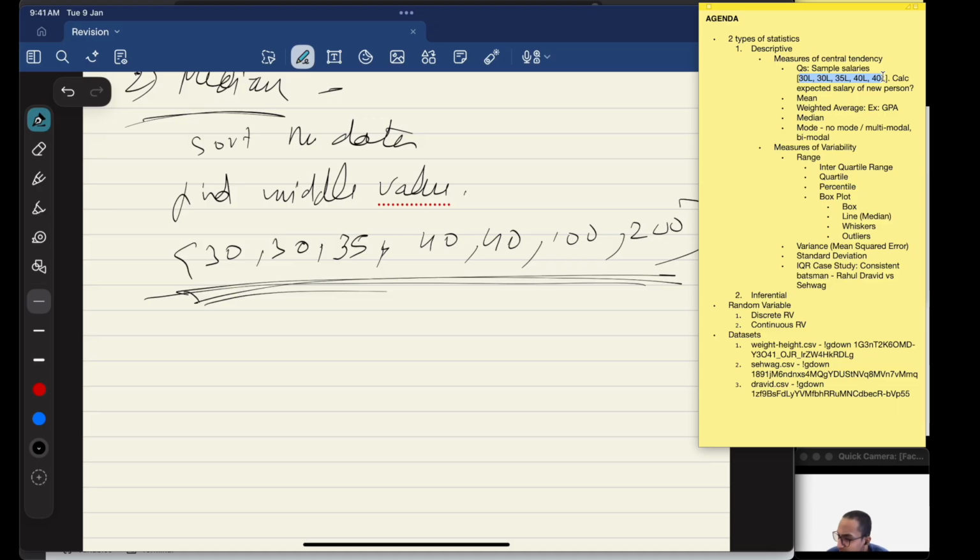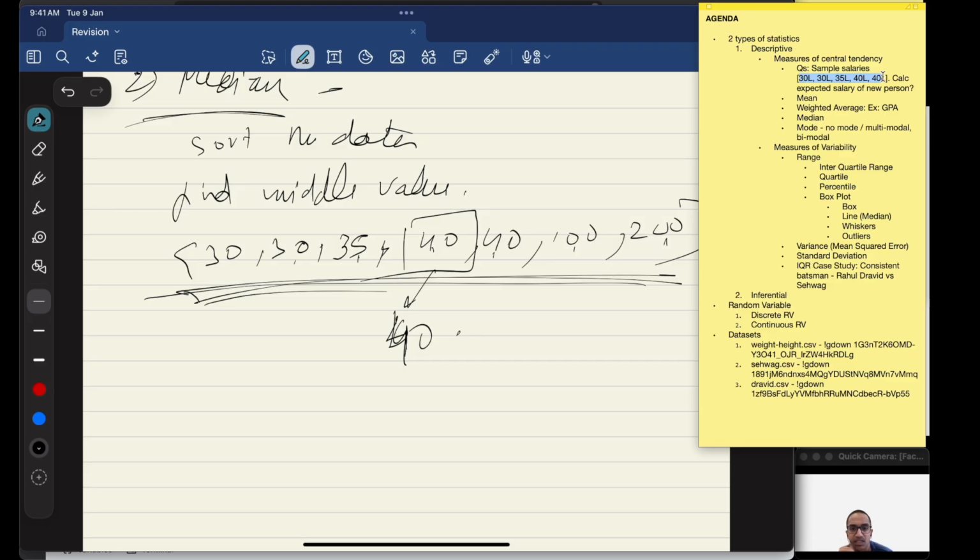So the middle value here would be, how many are there? 1, 2, 3, 4, 5, 6, 7. So 7 are there. So the mid value here is 40, right? So in this way, now the HR knows that 40 LPA is the average expected value, and the new candidate can negotiate around this range.